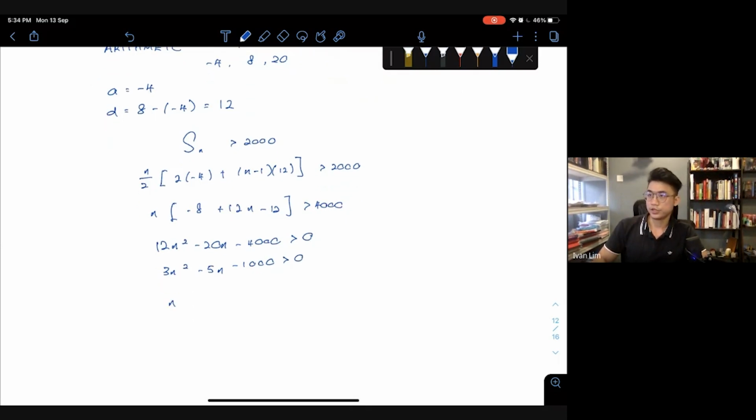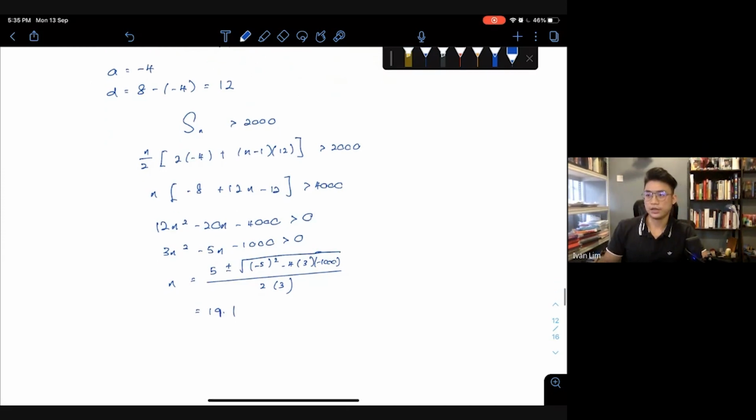Okay, irrational value, so we can use the quadratic formula, negative b plus minus square root of b squared minus 4ac, over 2a. Okay, you will get 19.1.